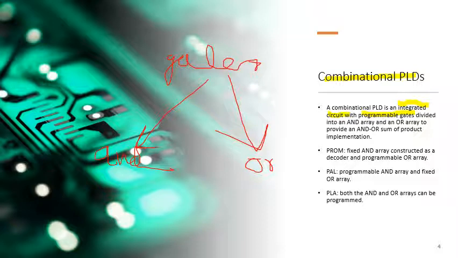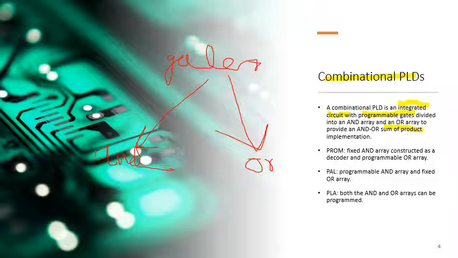So basically we can implement any function in the format of sum of products. If we have a Boolean function in the format of sum of products, we can implement that Boolean function easily by using these programmable devices. These devices consist of two major parts: one is the AND array and one is the OR array.